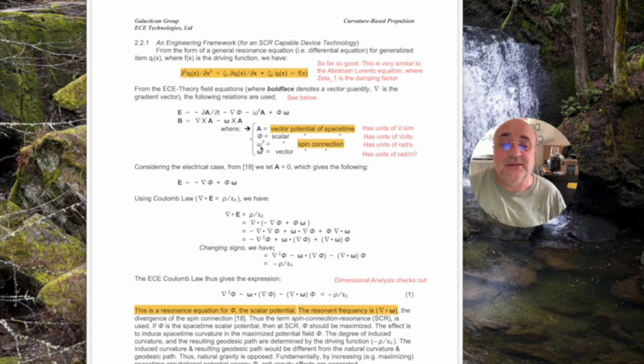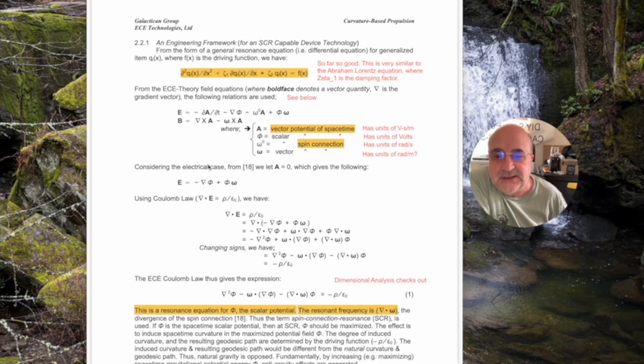Omega naught is the scalar spin connection, which has units of radians per second, and omega is a vector spin connection that has the unusual units of radians per meter in order for these equations to be dimensionally consistent and make any sense.